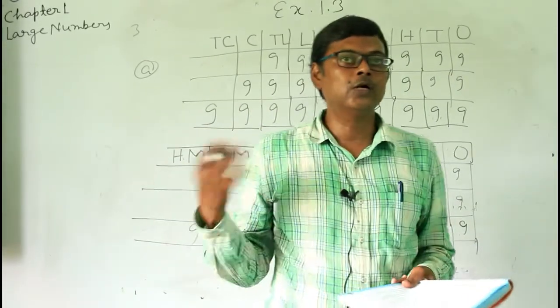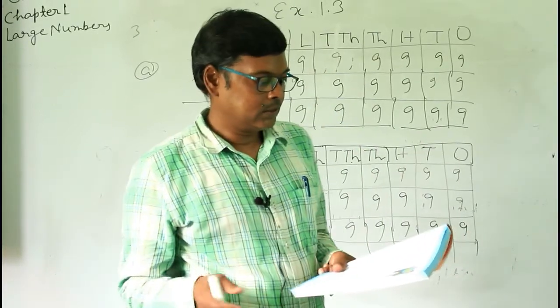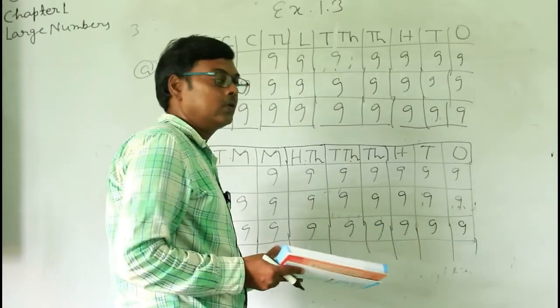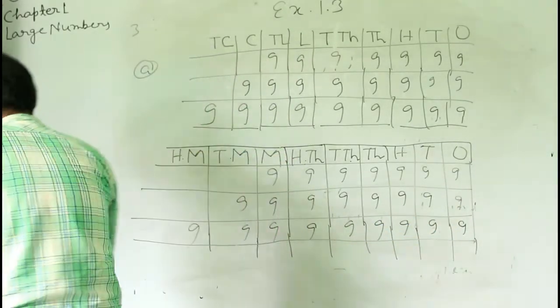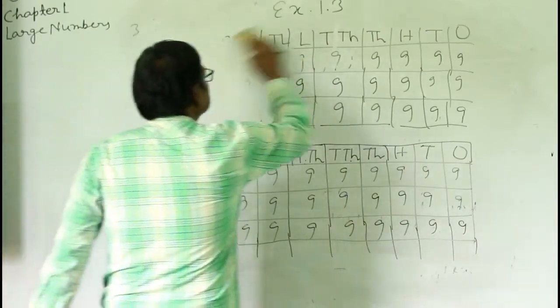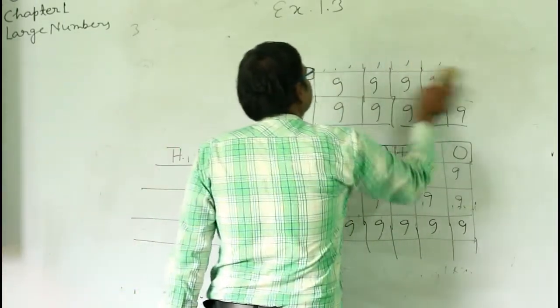Then you have the expanded form. There is the standard form also, and the expanded form in words. So these are the 4 ways of expressing a number. In this we are going to discuss exercise 1.4.